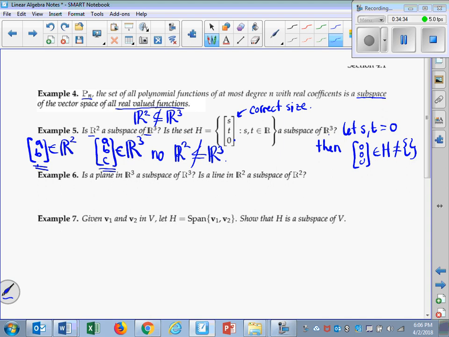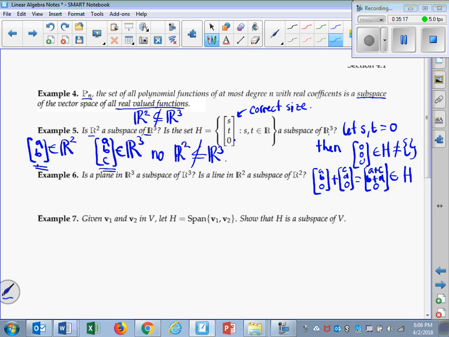So it's almost a subspace, so we have to look at what it means to be a subspace. What if I add two vectors together, something like this. If I add A, B, 0 plus C, D, 0, that's going to give me A plus C, B plus D, 0, which is still in H. A plus C can be S, and B plus D can be T. So this is still in H. So it's closed under addition.